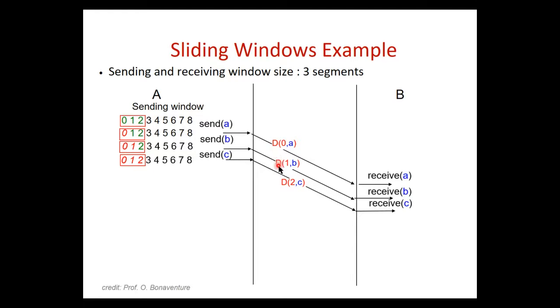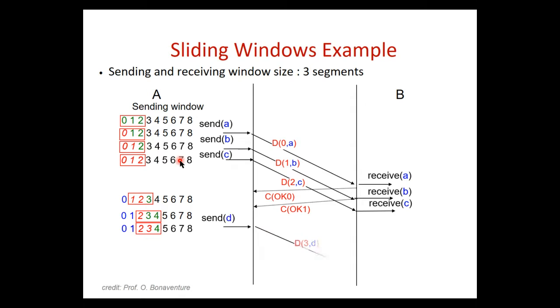Okay, so it has used up the window. Now the receiver ACKs the packets. It has received the packet with sequence number 0, so it sends back ACK of 0. Here I just changed slightly the notation. It's called OK instead of ACK, but essentially that means ACK of 0. It has received packet sequence number 1, so it sends back ACK of 1.